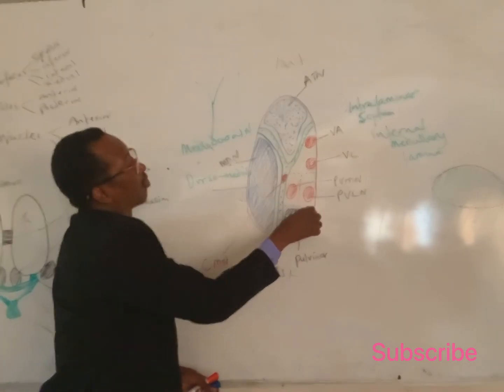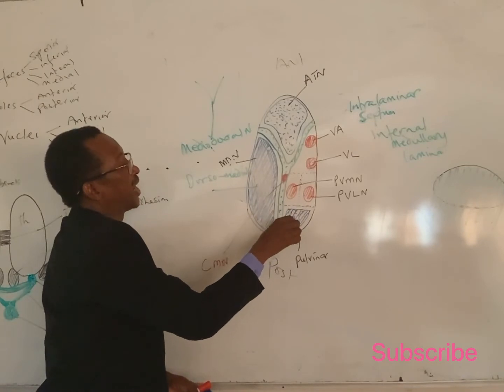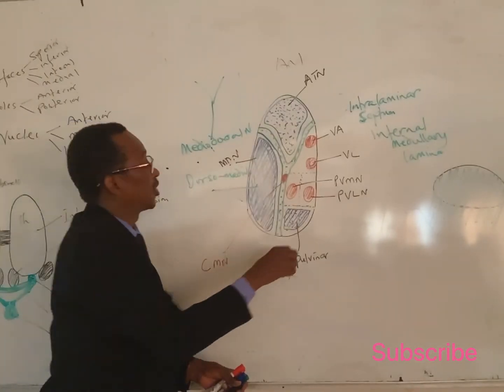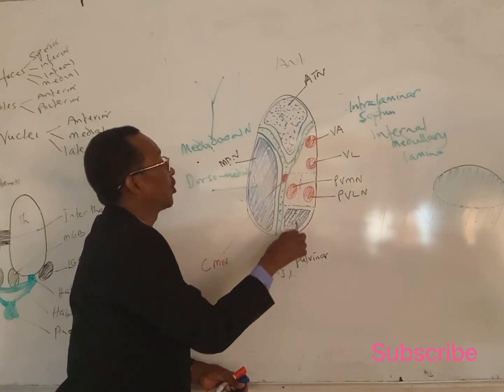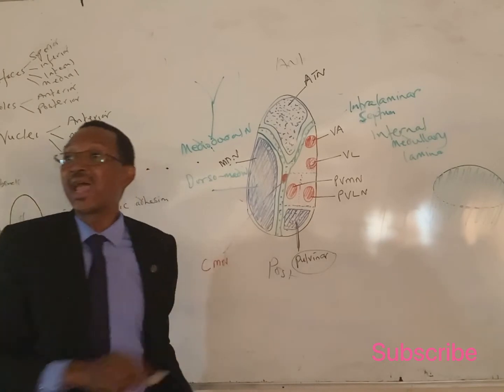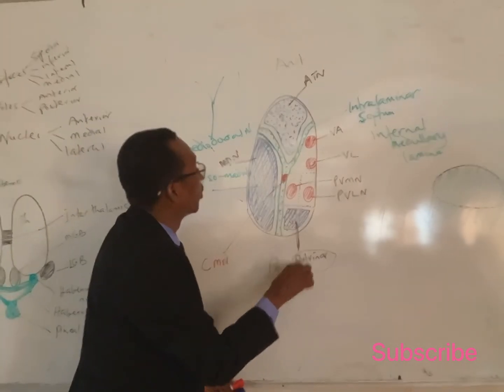You have the smaller posterior portion here. The group of nuclei here perform same function. So this group of nuclei in the posterior aspect, they are called pulvinar group of nuclei. Are you clear?